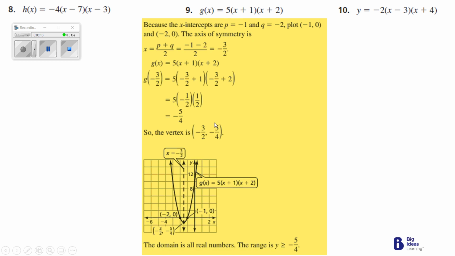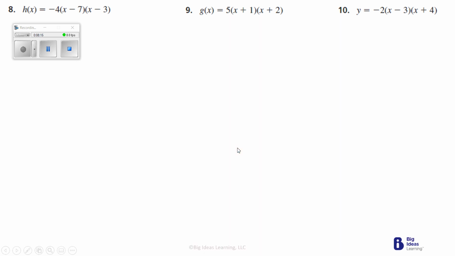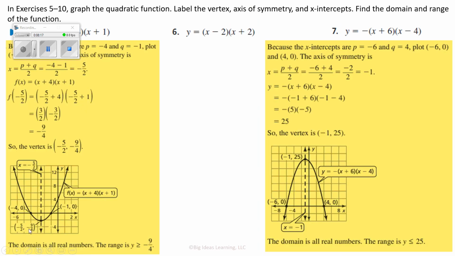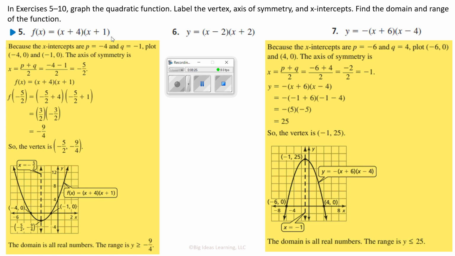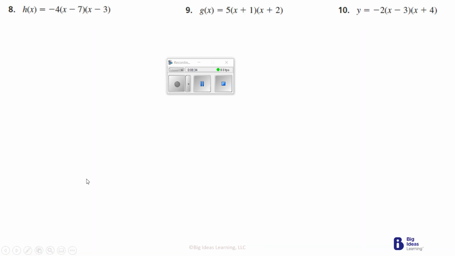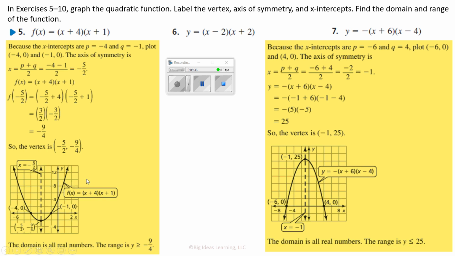All right. Oh, I want to ask for domain and range. I think I forgot that on the last one. On this one, the domain was all real numbers. So if we go back and correct that. Domain was all real numbers, and then the range, of course, has to be greater than negative 9 over 4.